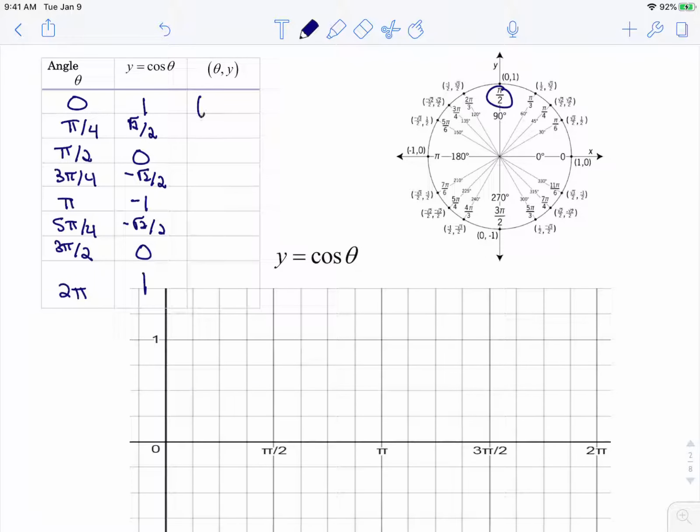So I write these as coordinates. I'm just going to do this quickly.